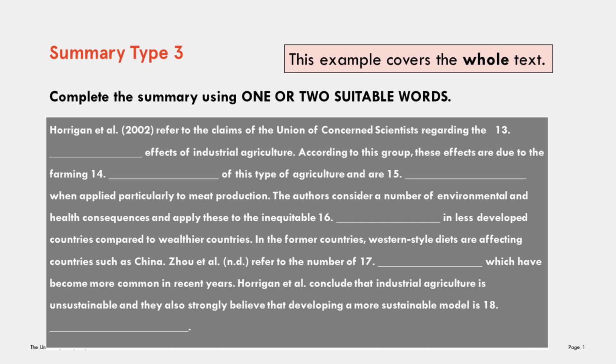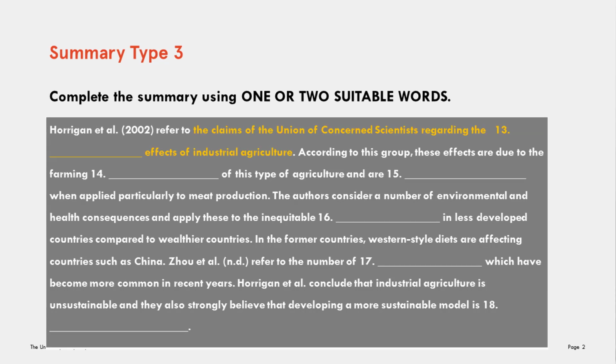Okay, as I said, this one is a summary of the whole article. You need to understand the original text to be able to complete it correctly, and you also need to know the type of word to use. Let's start together. So, question 13 is in paragraph A. It relates to the attitudes of the Union of Concerned Scientists to industrial agriculture.